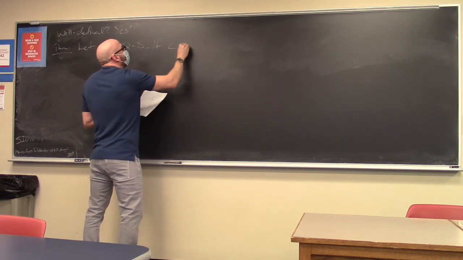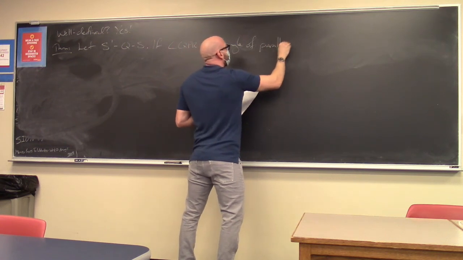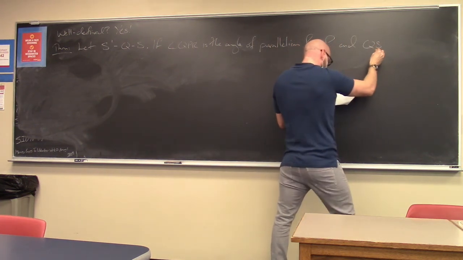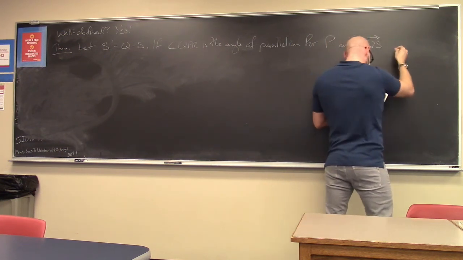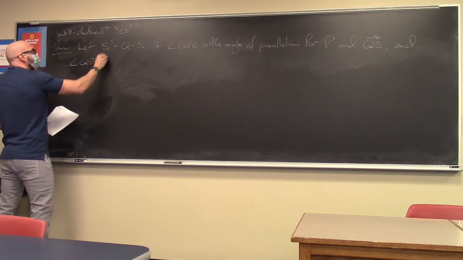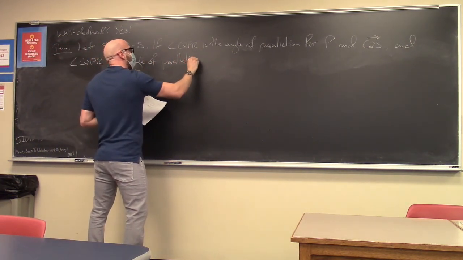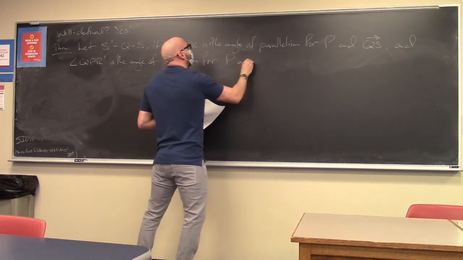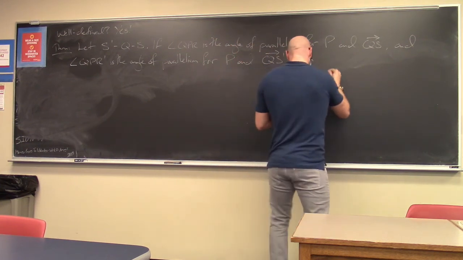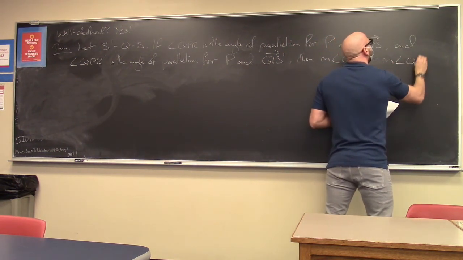If angle QPR is the angle of parallelism for P and QS, and angle QPR prime is the angle of parallelism for P and QS prime, then these two angles are congruent. The measure of angle QPR prime is equal to the measure of angle QPR.